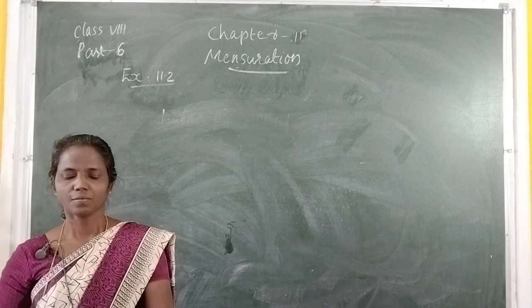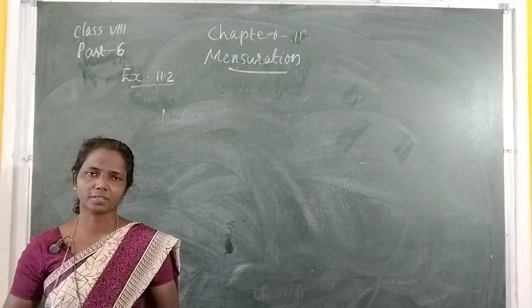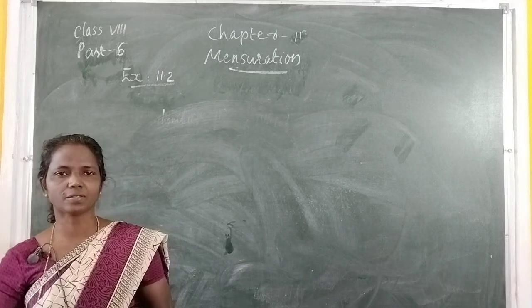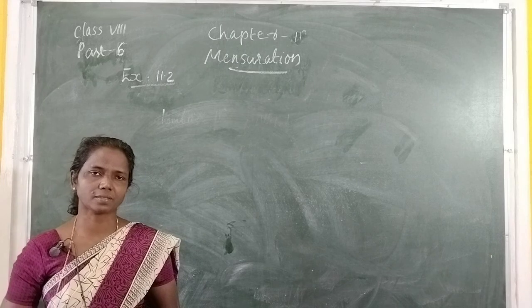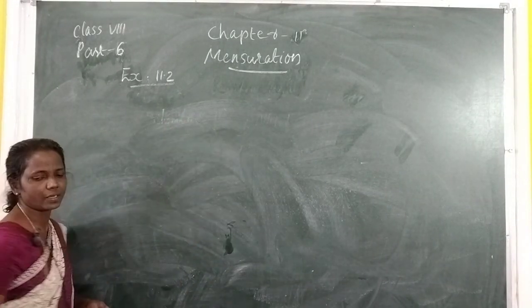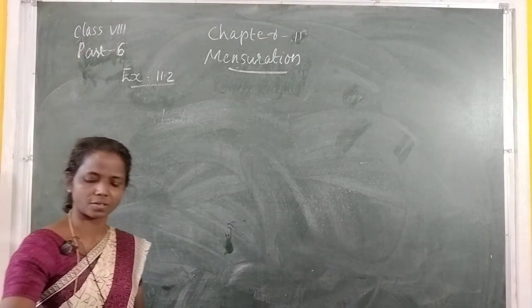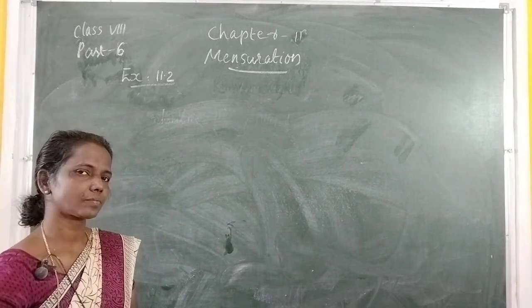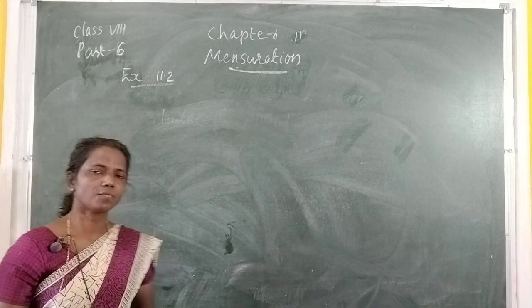Then find out the cost of polishing. First we find out the area of the tiles. If we find out the area of the tiles, we can find out the area of the floor.